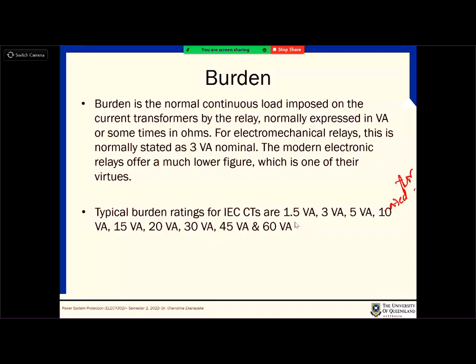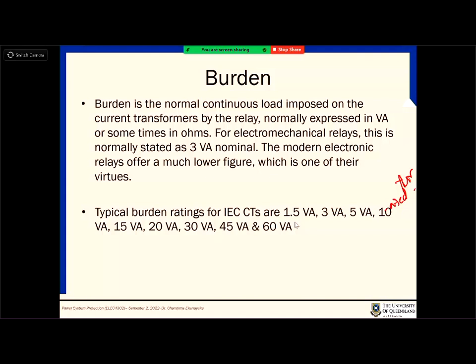So, as I mentioned in the first or second lecture, cost is one of the driving factors. When you're dealing with this, you need to look at how many customers you are going to protect, right? What is the cost of the total protection scheme, which at the end of the day, the cost of that protection goes to the number of customers, right?